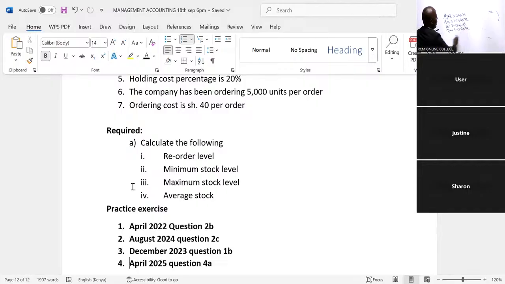Have they gotten the first question? We tackle it right away. Once you get it, please screenshot it and send it to our WhatsApp group. We want to tackle April 2022, question 2B.